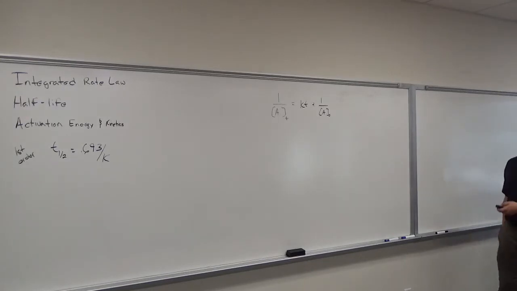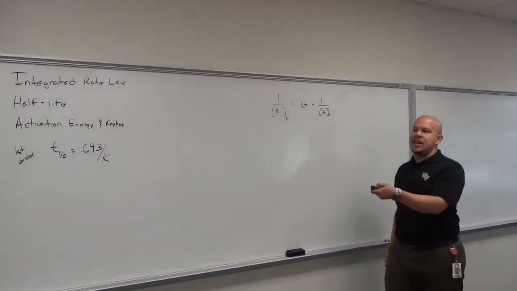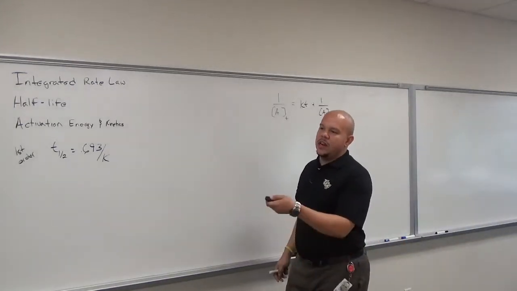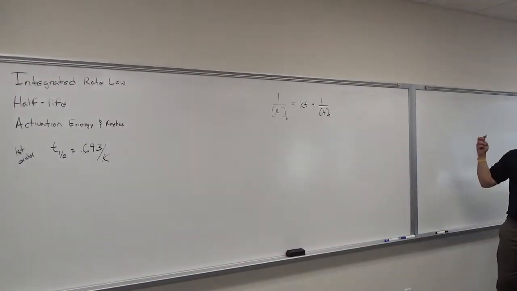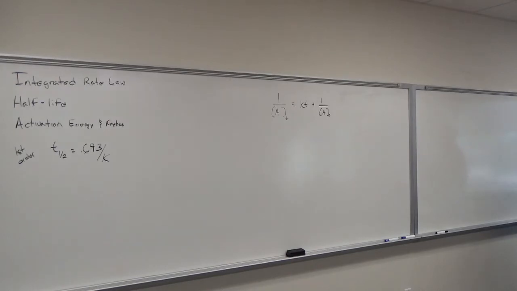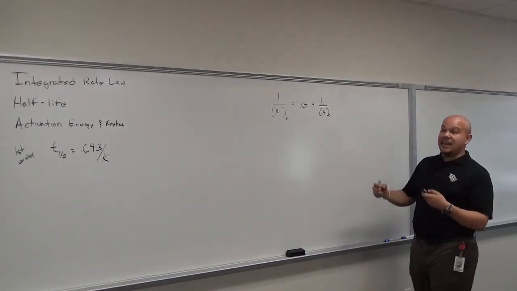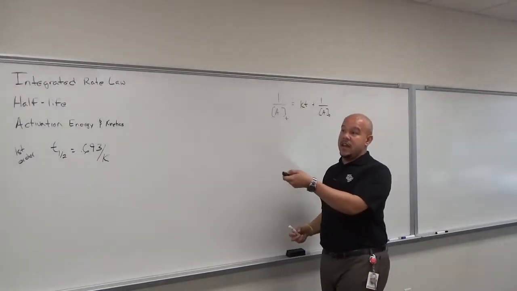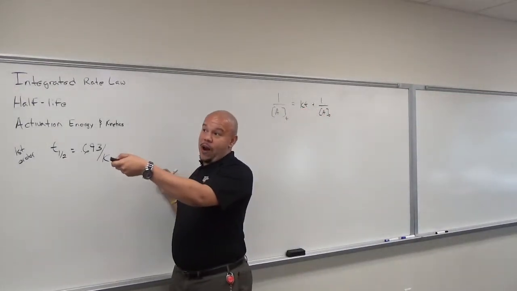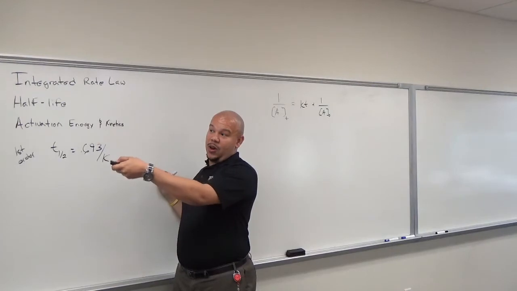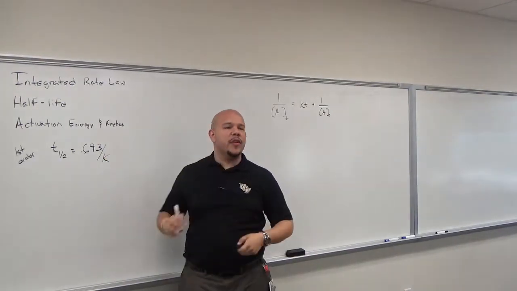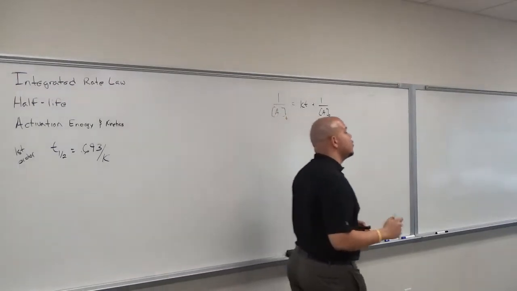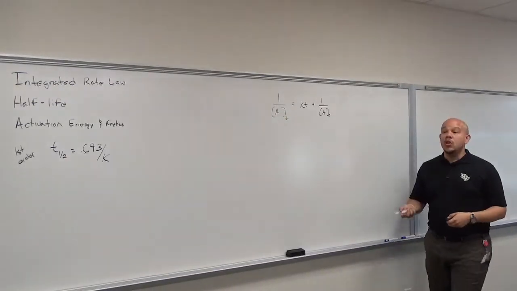We should expect this to be a positively sloped linear line, and that's what we see here for a decomposition of NO2. NO2 decomposes to form nitrogen monoxide and oxygen, and it involves 2 NO2 molecules. We need both. Because of that, it is second order, and we see that the first order graph, if we graph natural log against time, is curved. That tells us that we are not dealing with first order.